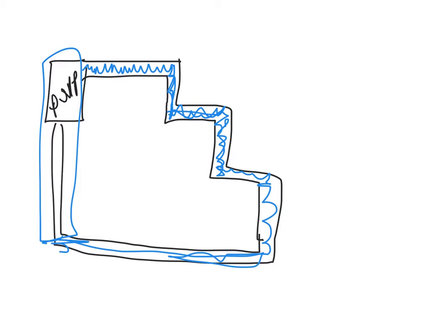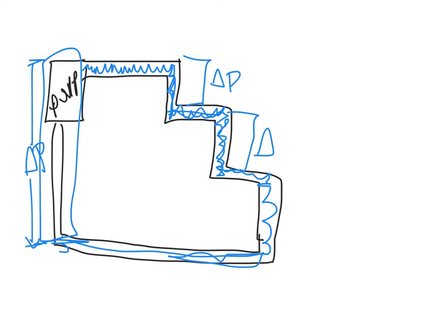So there's a difference in potential from here to here, right? There's a difference in my potential energy of the water. So the difference in potential energy from here to here and the difference in potential energy from here to here and from there to there, all of those differences have to add up to that total difference, right?